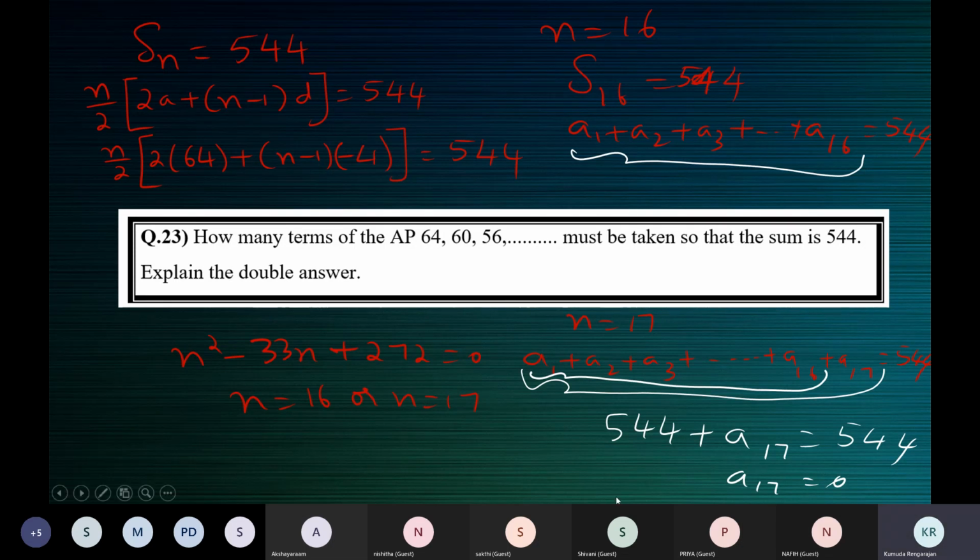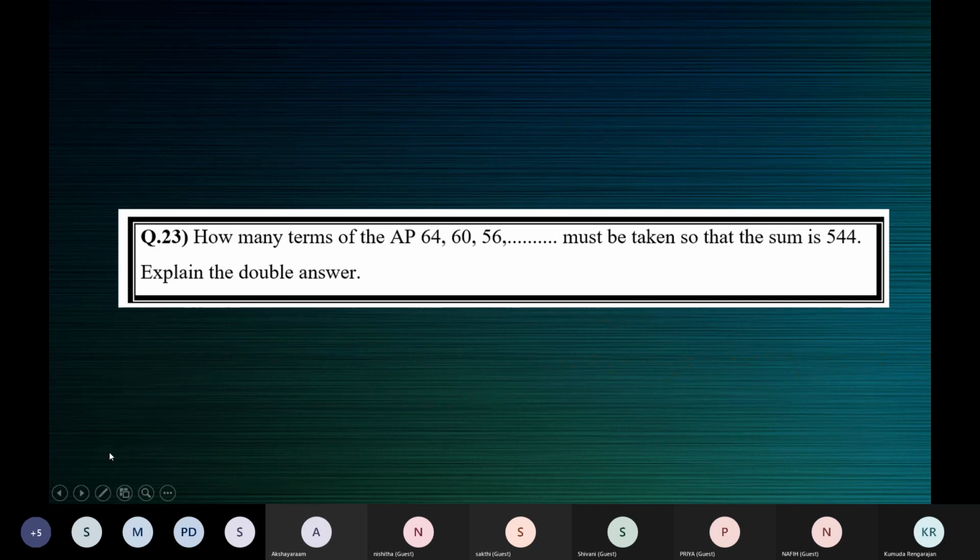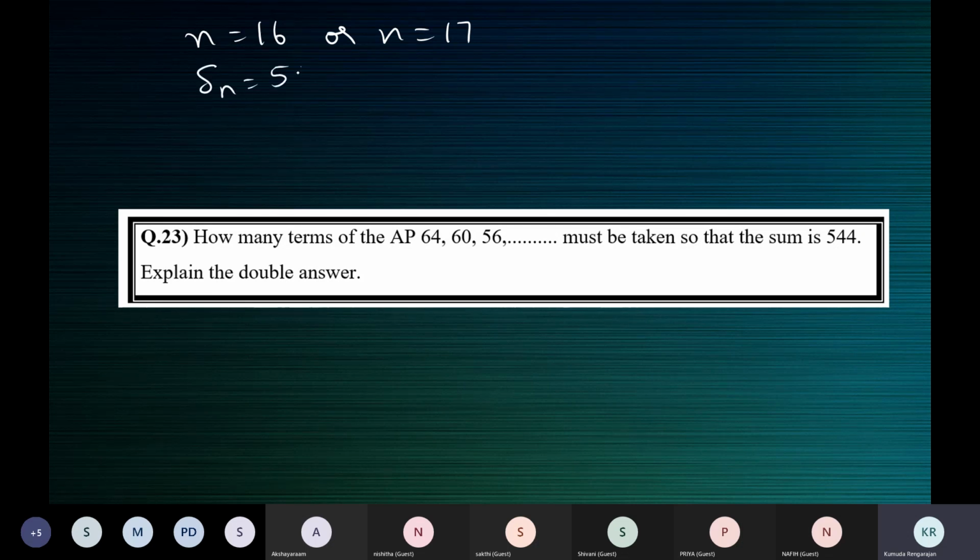Let me clear the slide and write it once again clearly. Children, on solving the quadratic equation, we get n equals 16 or n equals 17. We need to take both the values of n because both are acceptable. That means Sn is equal to 544.